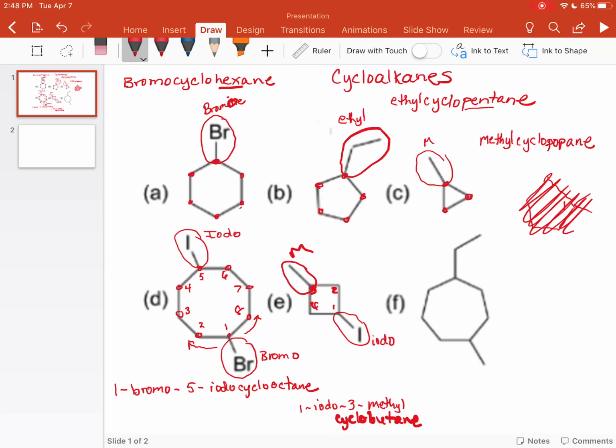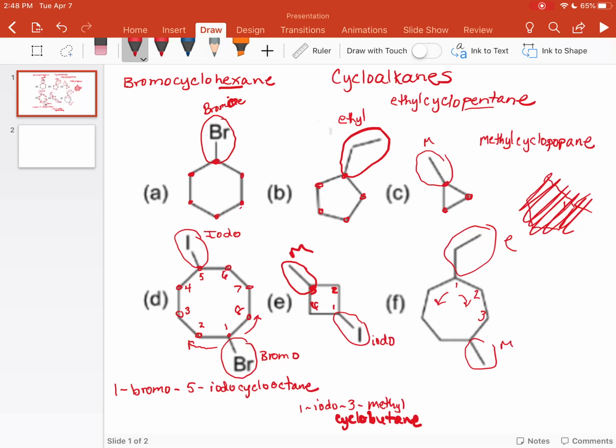Here we have a methyl group attached there and an ethyl group, and ethyl comes before methyl, so I'm going to have this be my number 1. Now I can start counting in this direction or that direction, and we want our numbers to be lowest. So since this one is going to give us the lower number, we want to start counting in this direction. So I was looking at the methyl group.